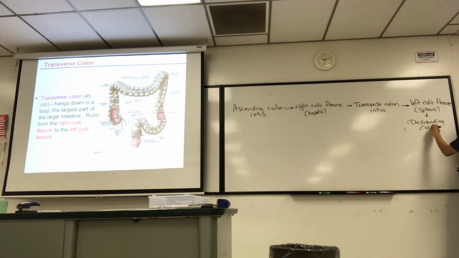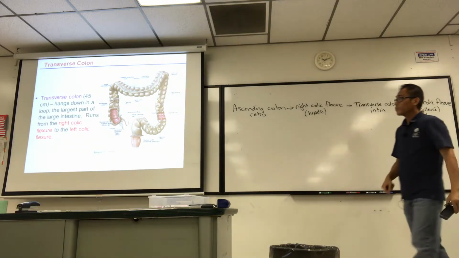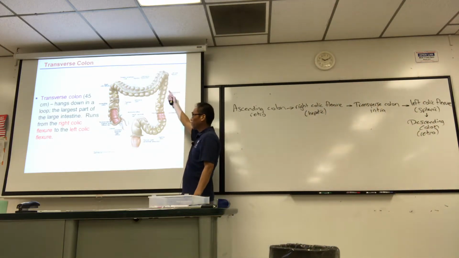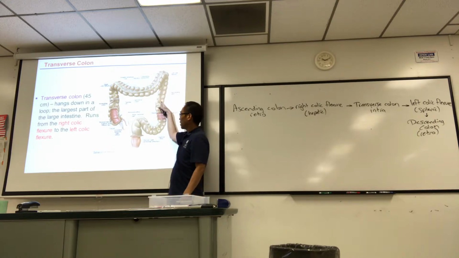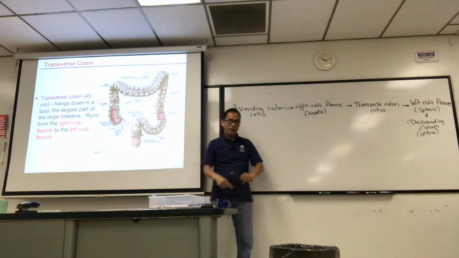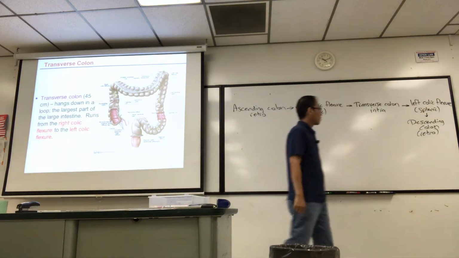So I was saying that the descending colon is retro. You descend retro, not around the other side, okay? And then you kind of start to take this S-shaped turn, and that's called the sigmoid colon. And we're retroperitoneal from here on out.